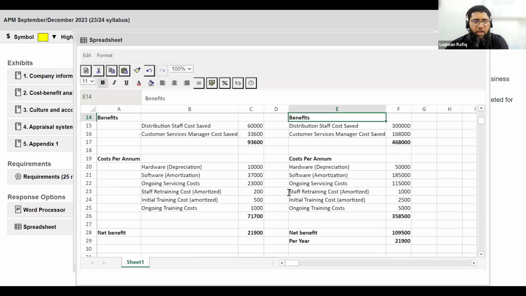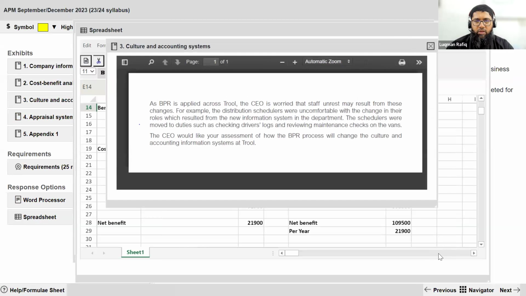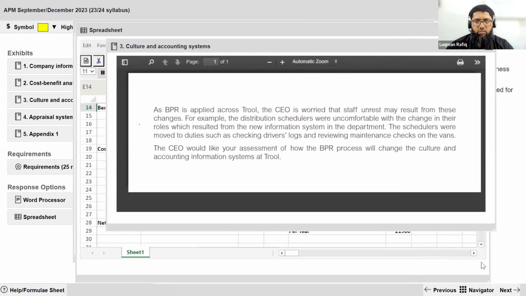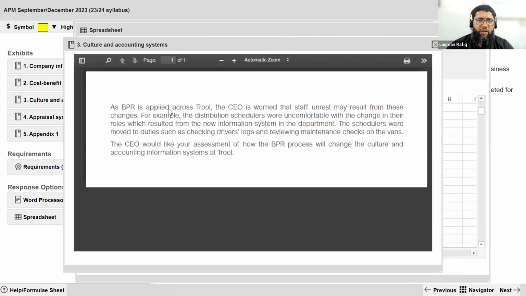Okay, now we have been able to do this part. Now let's move on to the next part, which is about the culture and accounting system. So what is the question's requirement? As BPR is applied across Trool, the CEO is worried that staff unrest may result from these changes.